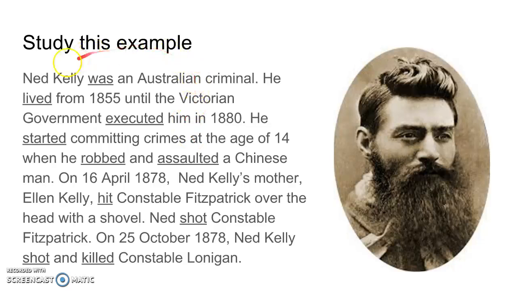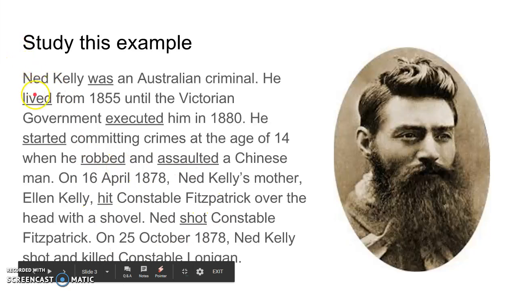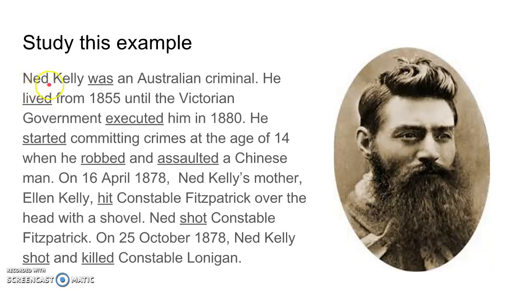Let's read this excerpt here and we will discuss all of the verbs we see here that are written in the past simple tense. So, let's get started. Ned Kelly was an Australian criminal. He lived from 1855 until the Victorian government executed him in 1880.